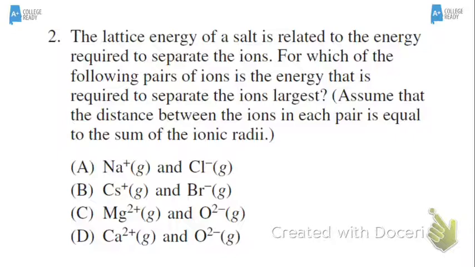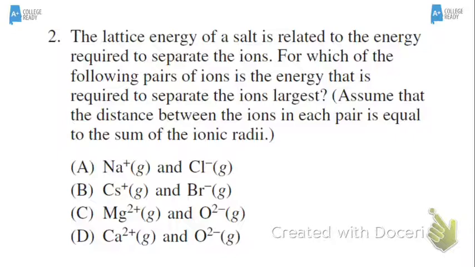All right, for this question right here, we're looking for the ones that have the largest net charge difference, and we want to find the one that is the smallest atom. So we're going to take a look at the one that has the biggest set of charges on them.